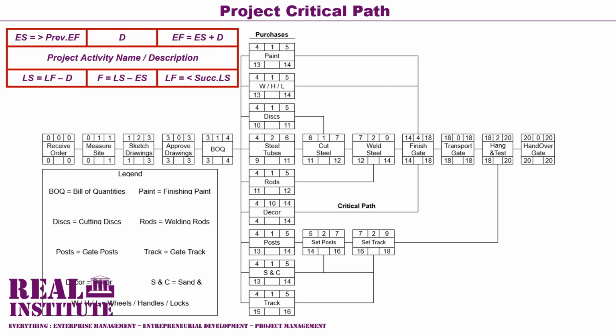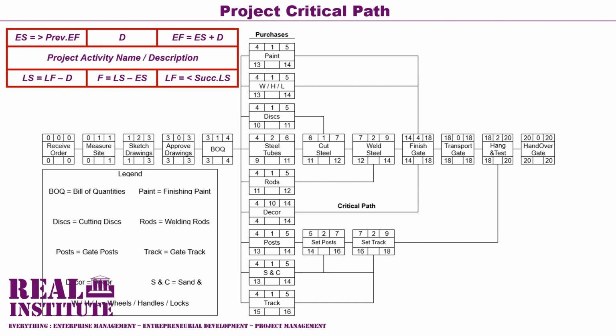And therefore the activity receive order is allocated a late finish value of 0. And then its late start value is calculated by subtracting its duration value from its late finish value. Its late finish value is 0 and its duration value is 0. And therefore the value of its late start is also 0 because 0 minus 0 is 0.